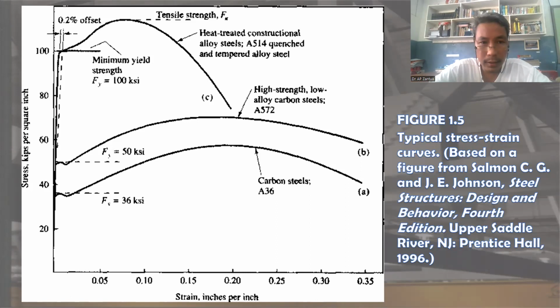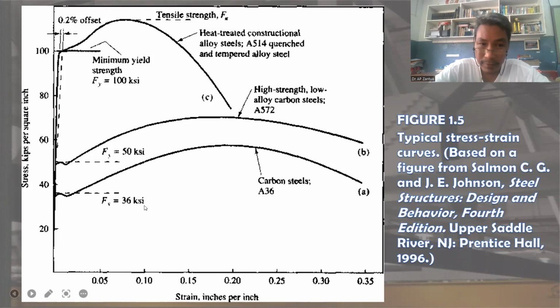So in our country, we are using SI units. So a yield strength of 50 KSI is about 345 megapascal. Okay? So, 345. Therefore, this is 690 megapascal, because that is times 2.